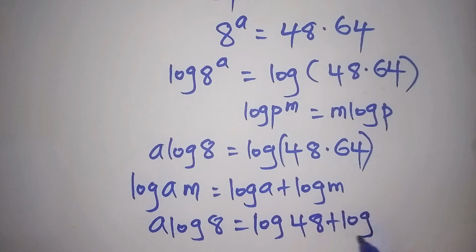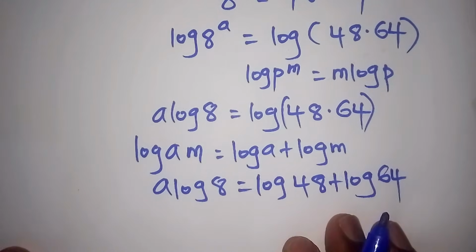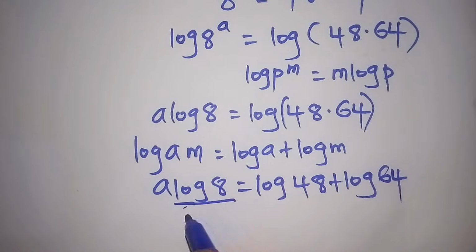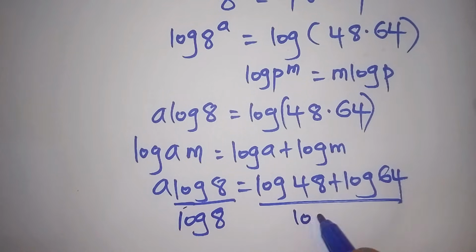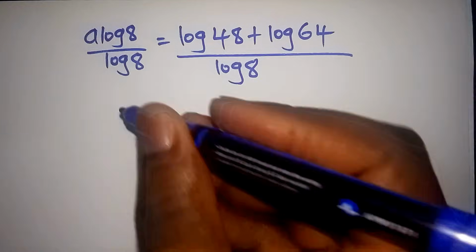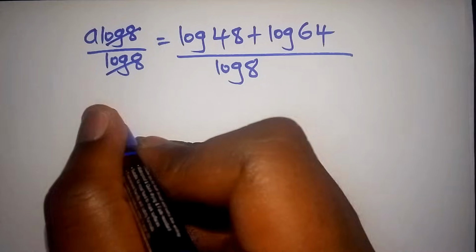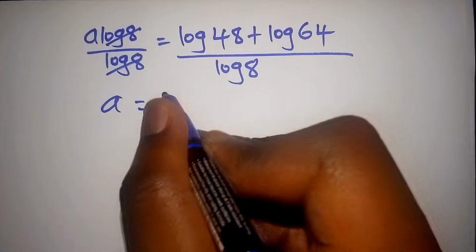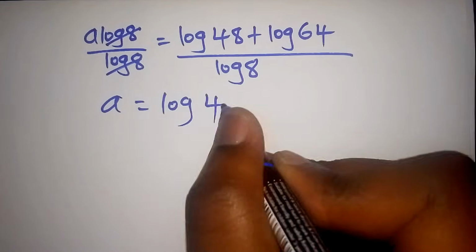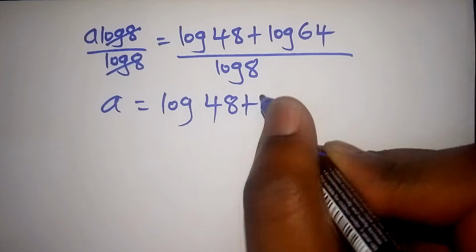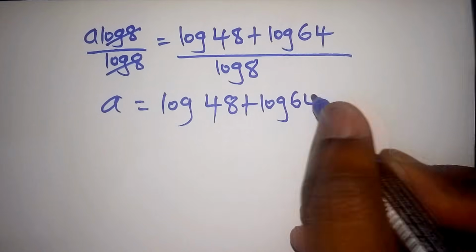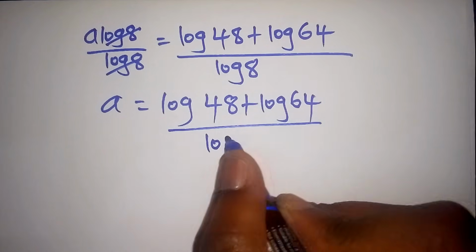So now we have a times the log of 8 equals the log of 48 plus the log of 64. On this side we shall divide both sides by the log of 8. The log 8 and log 8 shall cancel. So now a equals the log of 48 plus the log of 64, all over the log of 8.